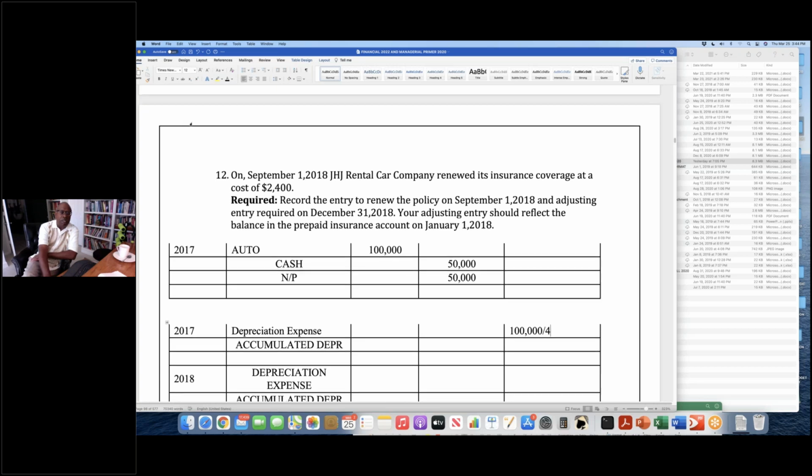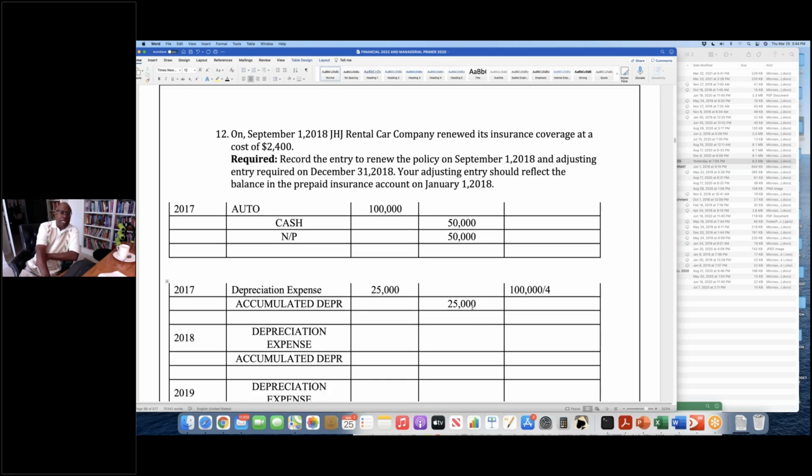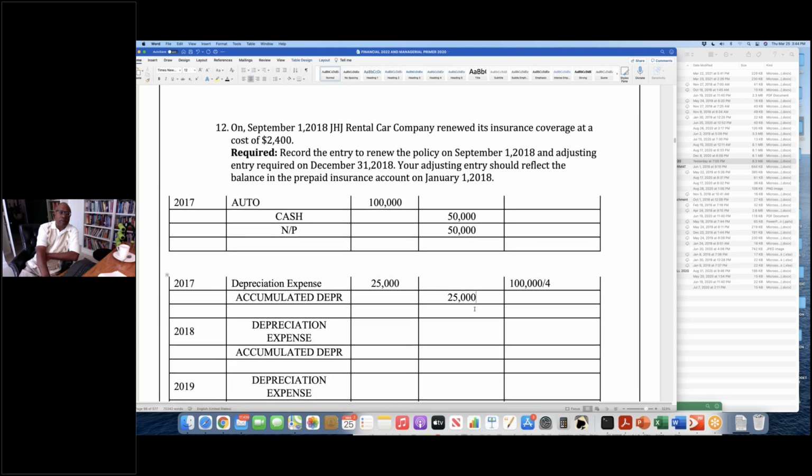So 100,000 divided by 4 is 25,000, the expense. And because we want to always know what the autos or long-term assets originally cost, we credit accumulated depreciation. Accumulated depreciation is a contra account.